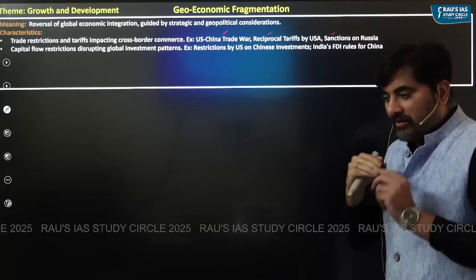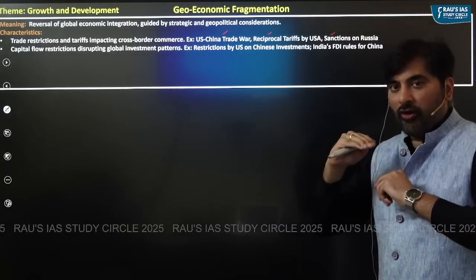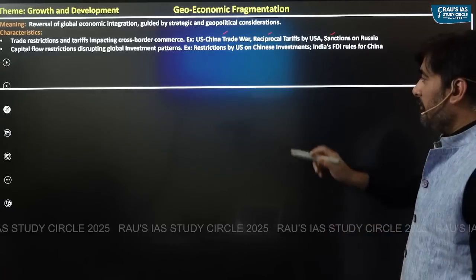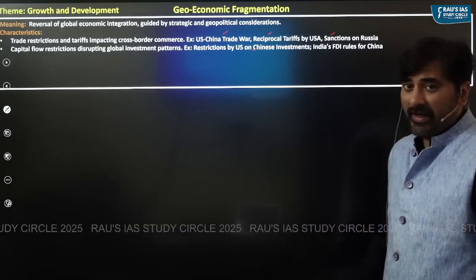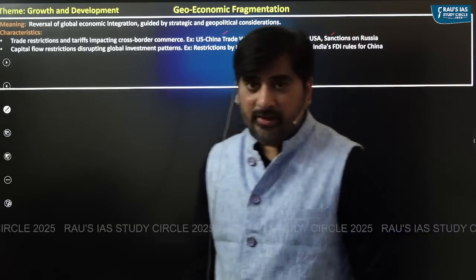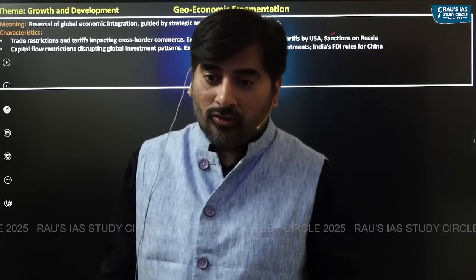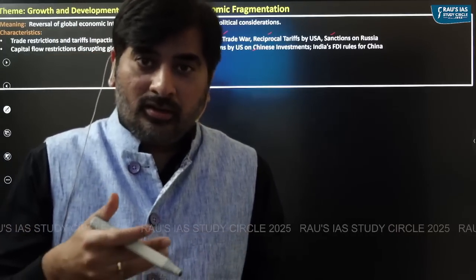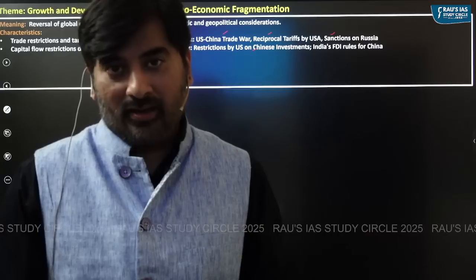Second, there are restrictions on free flow of capital also, which can be seen in terms of restrictions by the US economy on Chinese investment. And we can also see restrictions imposed by the Indian economy on Chinese investment as well.